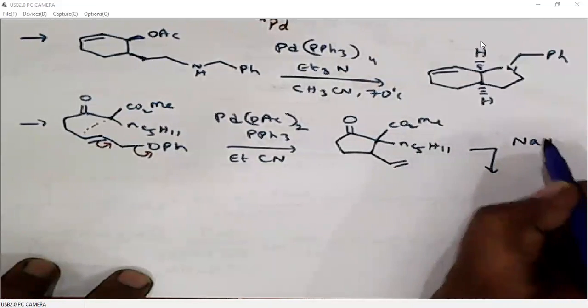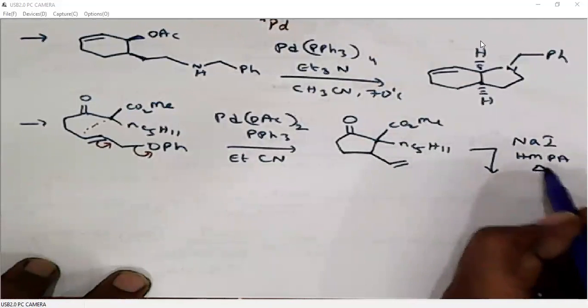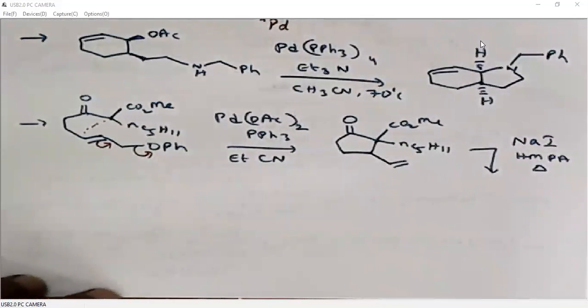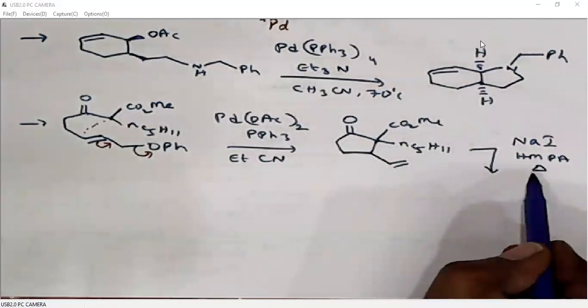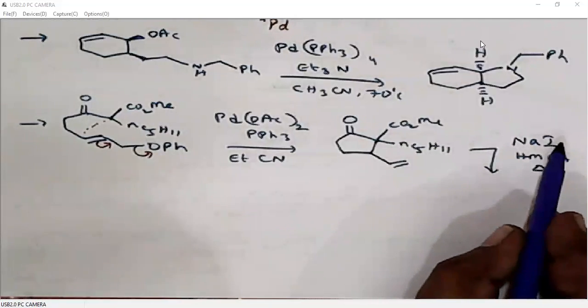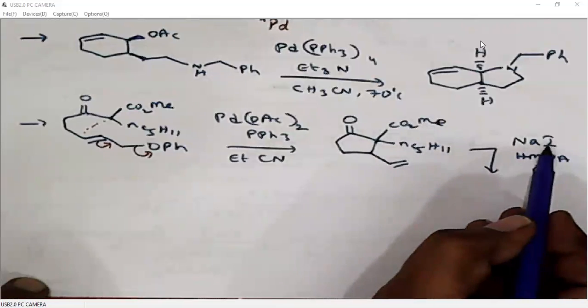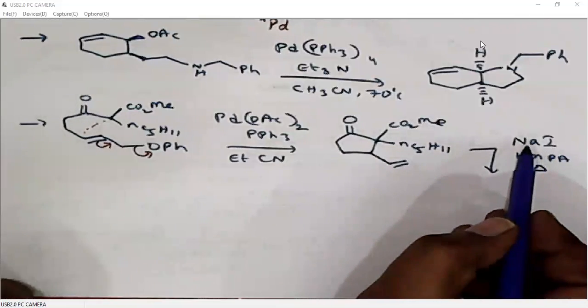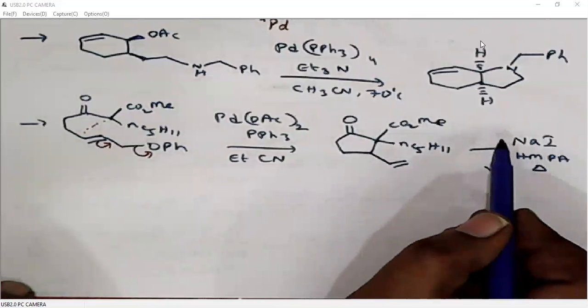Now I'll give you a little extension of this product. When it is treated with sodium iodide under thermal conditions, what will happen? Of course, iodide is not a good leaving group, but because we are supplying thermal energy, we are forcefully substituting OMe with iodide.